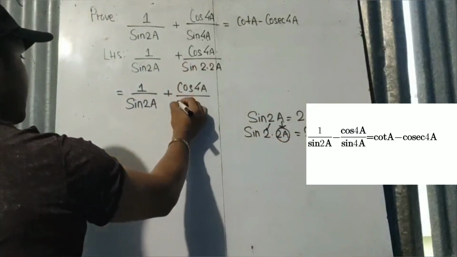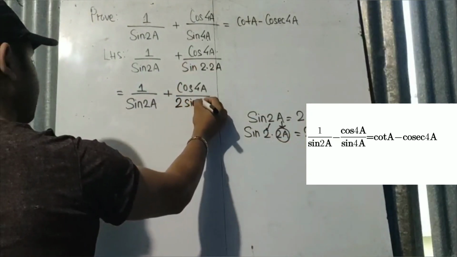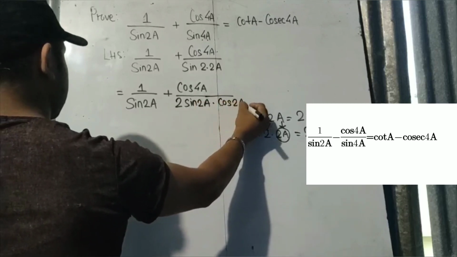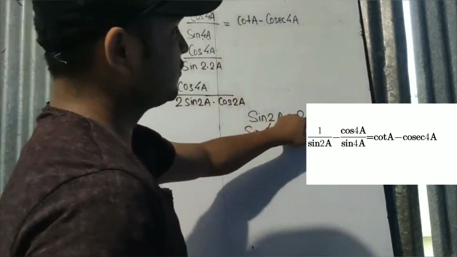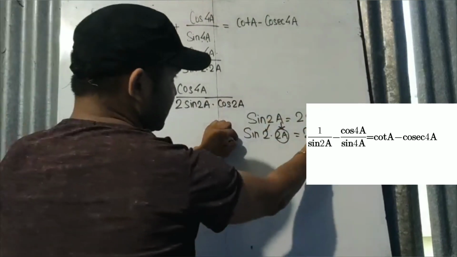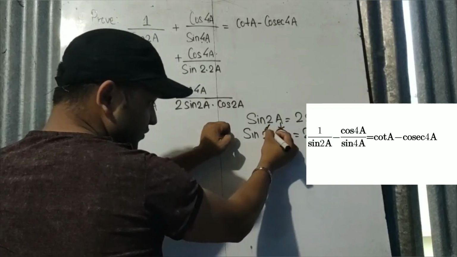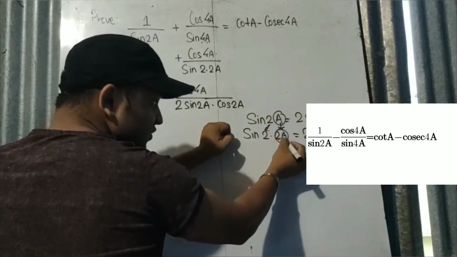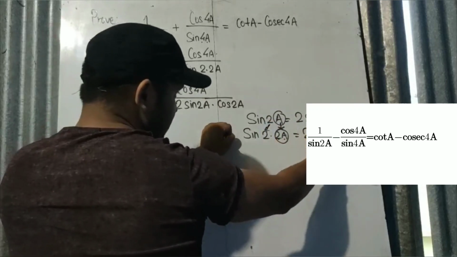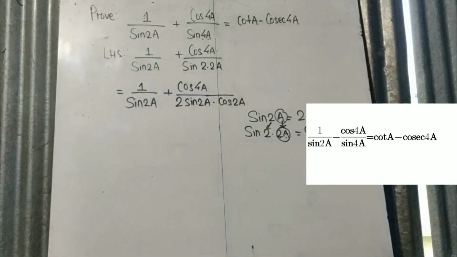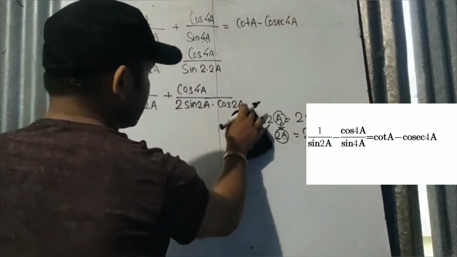So sin 2 into 2a is 2 sin 2a cos 2a. That is why sin 4a is converted into 2 sin 2a cos 2a.